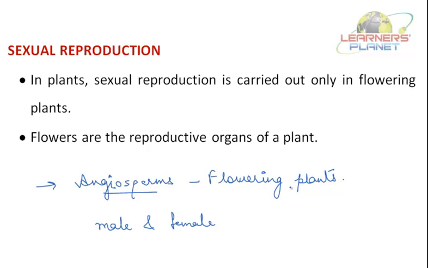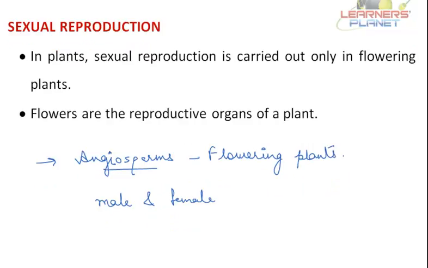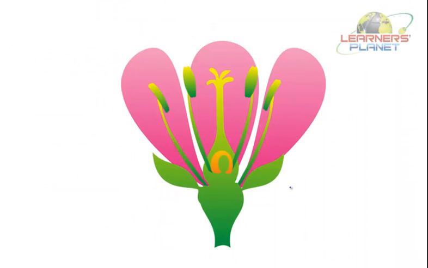A flower makes both male and female gametes needed for sexual reproduction. As we discussed, a flower is the reproductive organ of a plant, so we need to understand the parts of a flower. Let us now see what is present in the flower and what the structure of the flower is.